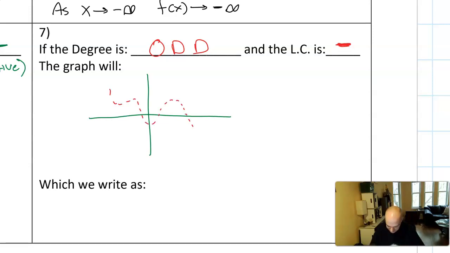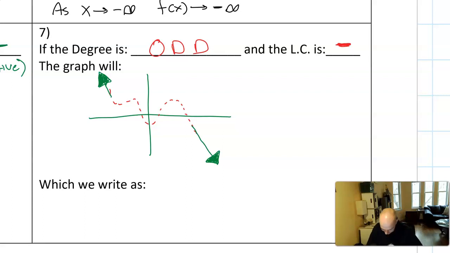But in the end, the right side, you have a negative leading coefficient, but positive powers of positive numbers, so the total is going to be going downwards. On the other side, you have positive powers of negative numbers with a negative coefficient, and the negatives kind of cancel out, and the graph is going to be going upwards as x goes far to the left side.